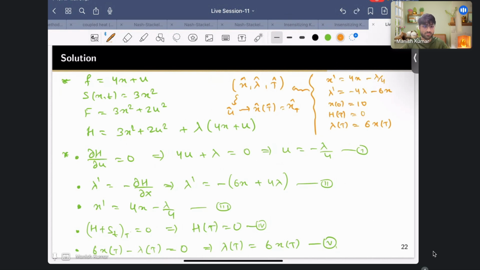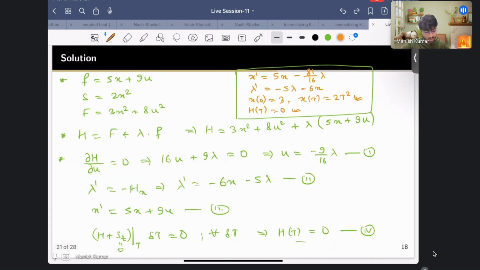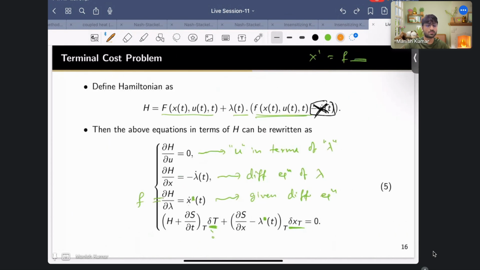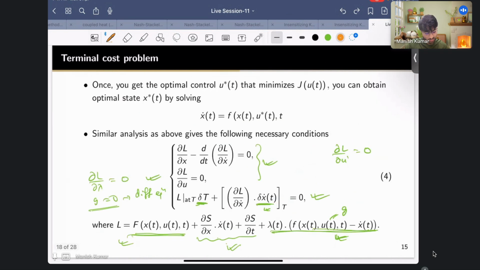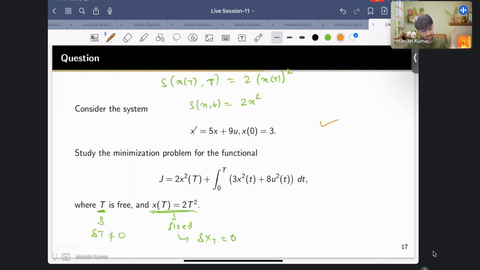Do you have any doubts or questions? And this Lagrangian and Hamiltonian, what is the difference? See, both give you the conditions from where you can get the optimal solution, right? The point is when you try to solve this Lagrangian equation, maybe for this system, you will see that a lot of things will come up.